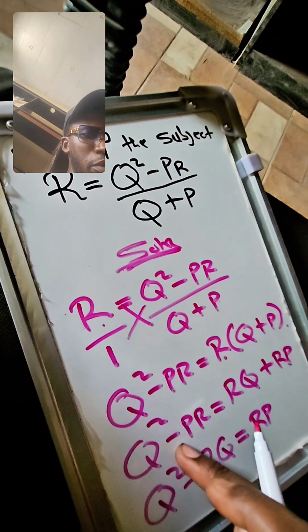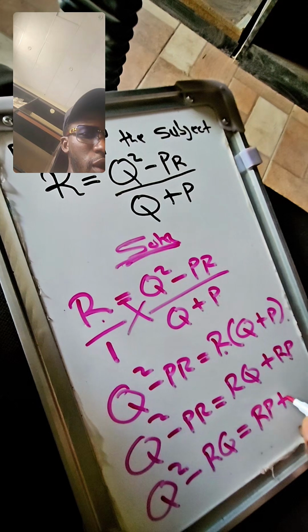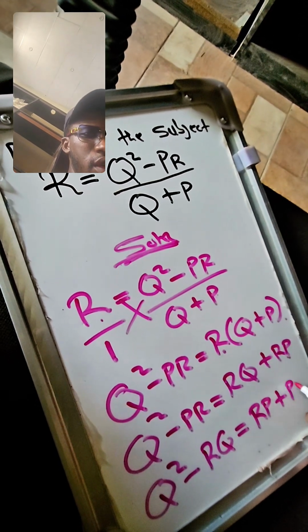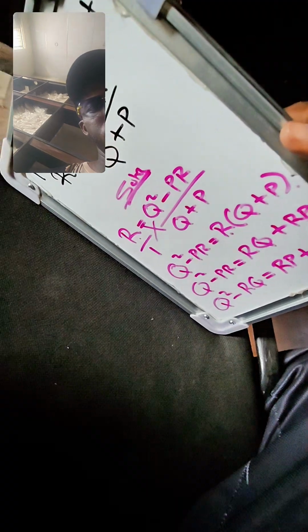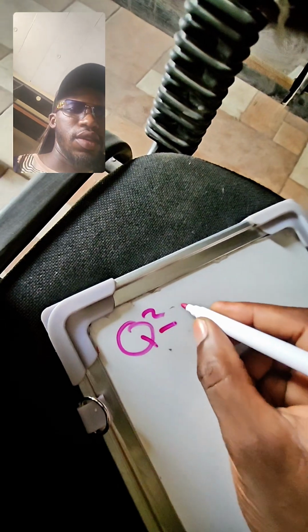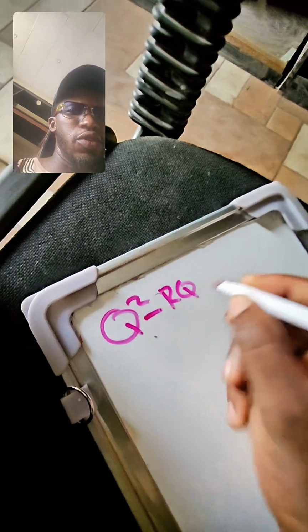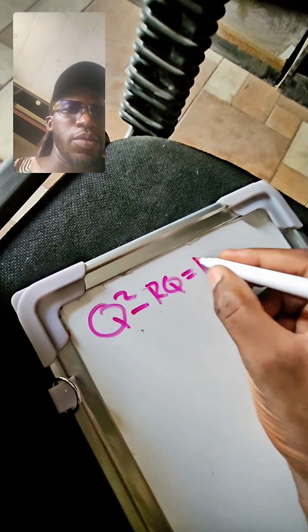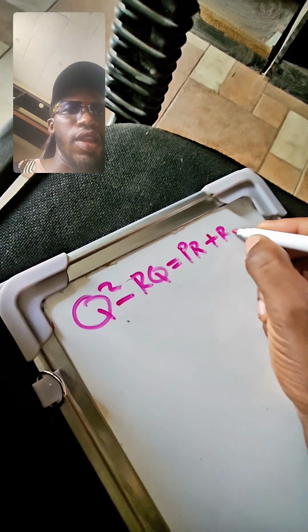This is minus, so when it crosses the equality sign, it becomes positive. So you have plus PR. Let me see. Oh, it's minus. So Q squared minus RQ equals PR plus RP.